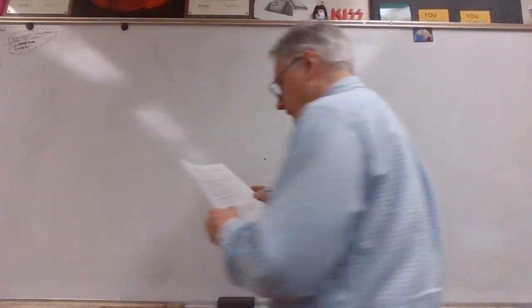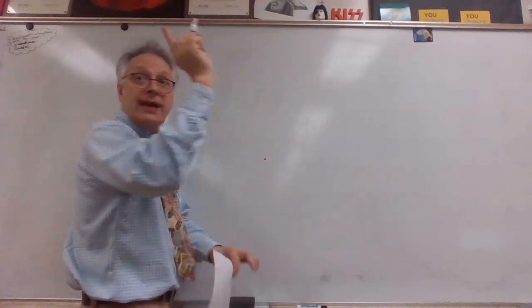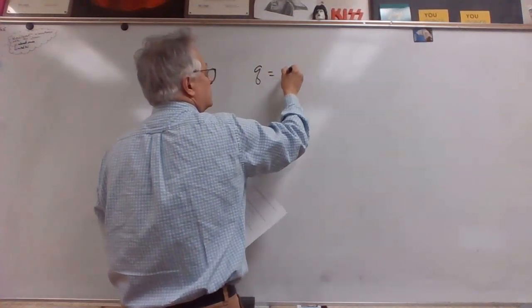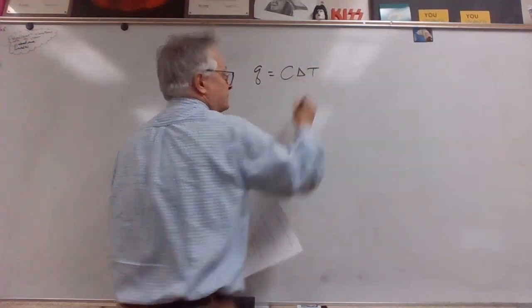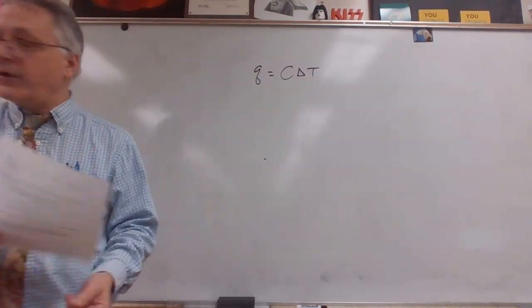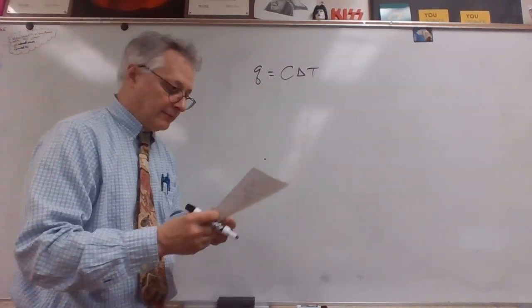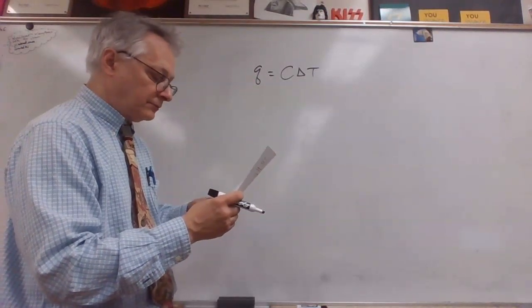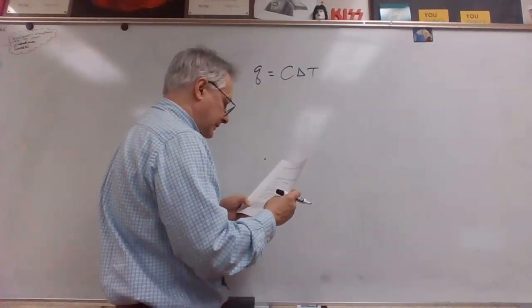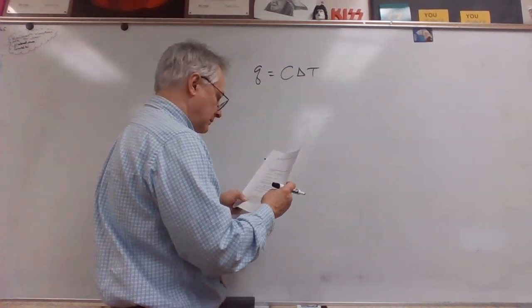All right, well, let's do the methane first. Bomb calorimeter, Q is equal to C delta T. No mass in there because the mass is already part of the calibration for the heat capacity of the bomb. So let's take a look here at the methane.